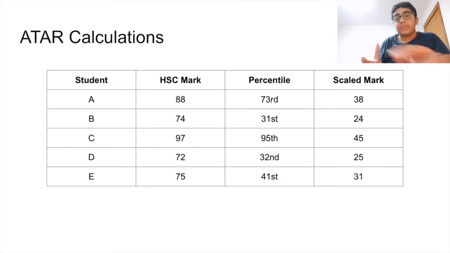For example, people who do 4-unit math usually do well in all their subjects. So for example, 99 in English, 98 in physics, they get 99s in chem, and they pop off, basically. And that's why the 4-unit math scale is so good, because they know that the people who get really top marks in that subject also get really high marks everywhere else.